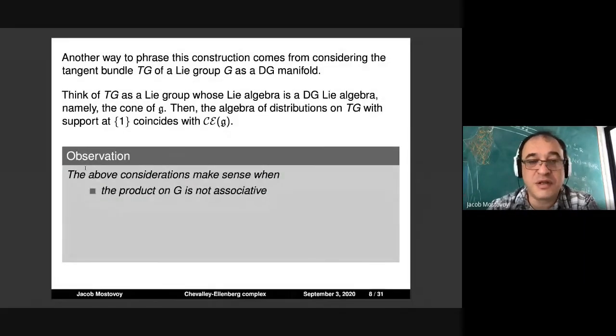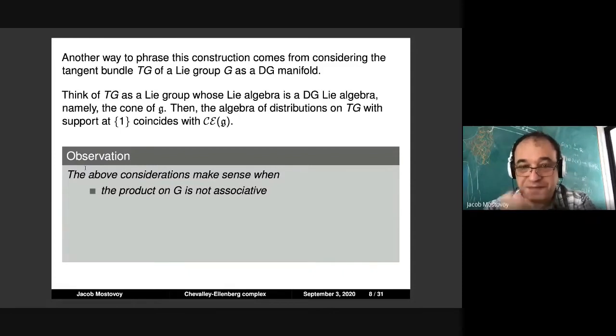So this, by the way, gives you many things at once. It gives you a universal enveloping algebra for a Sabinin algebra. Sabinin algebra is an analog of a Lie algebra for an arbitrary non-associative product. So you get a universal enveloping algebra for a Sabinin algebra, and you also get the Chevalley-Eilenberg complex for a Sabinin algebra.